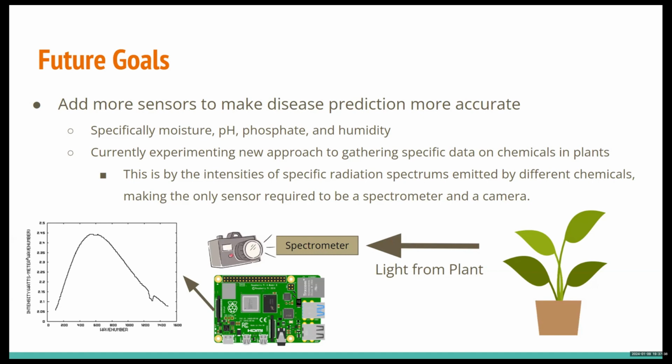For example, on the graph on the left, a higher intensity or a higher amplitude would mean there's a higher amount of these chemicals, and proportions of different chemicals with respect to these different emission spectrums can help us determine more about the disease and how it targets different chemicals.